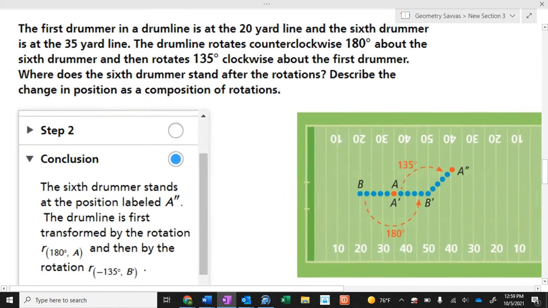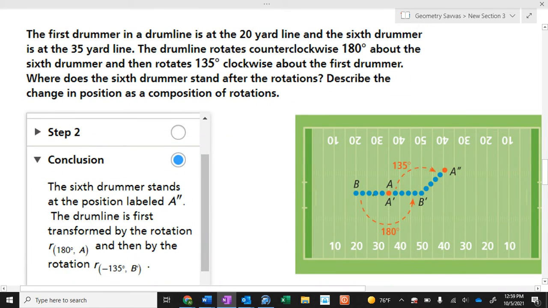Okay, marching band. At the start, they're lined up A through B this way. And then this whole line goes 180 degrees around A. So A doesn't move, so A prime is still A. And B moves all the way around here. It rotated 180 degrees counterclockwise. Then they're going to rotate around B 135 degrees this way.